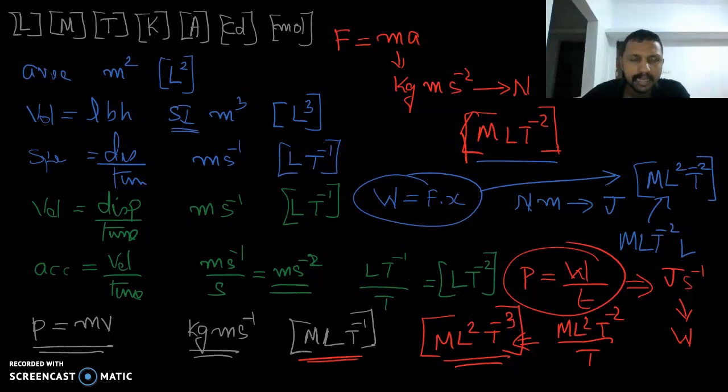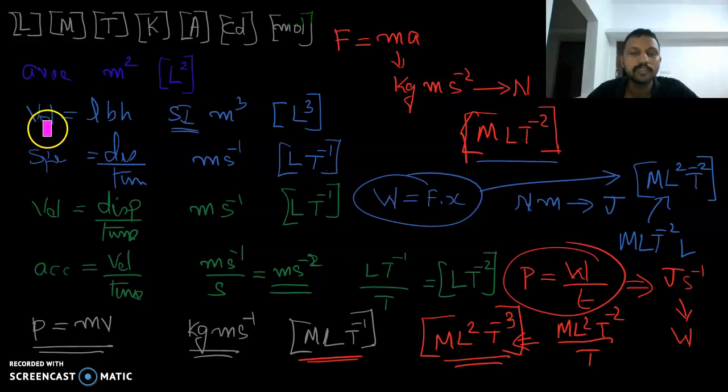Then let's quickly recall the SI units and dimensional formulas. The SI unit of area is meter square, and the dimensional formula is L square.